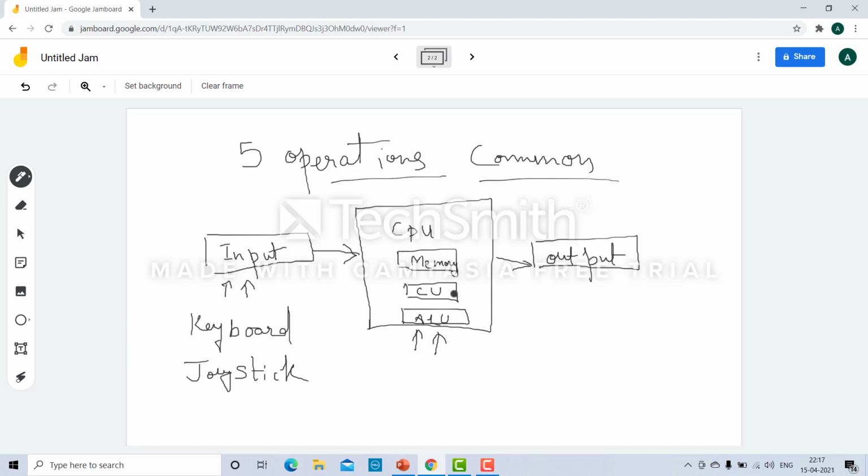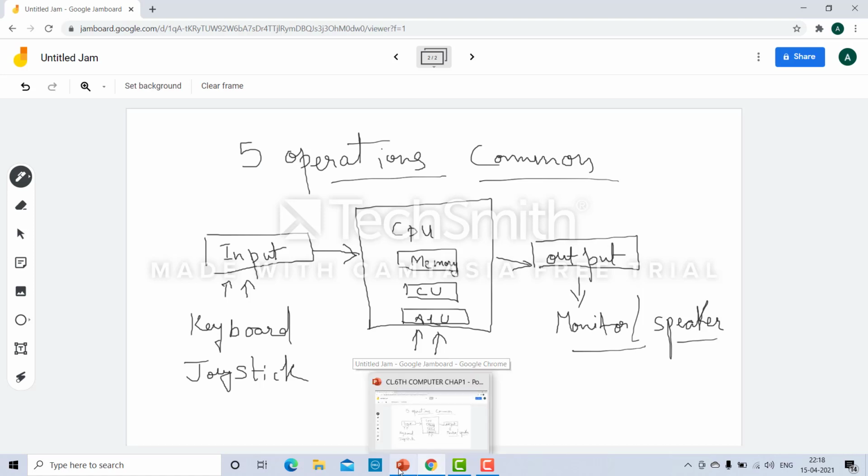Or if it is something else like printing or some other requirement, then the control unit will control that. Suppose some input has to be transferred to some resources, then the CU, control unit, will be working on it, and then finally the output device will give us the output on the monitor. Or we can have some sound output, which will be given by a speaker. So this is the block diagram of the computer system.